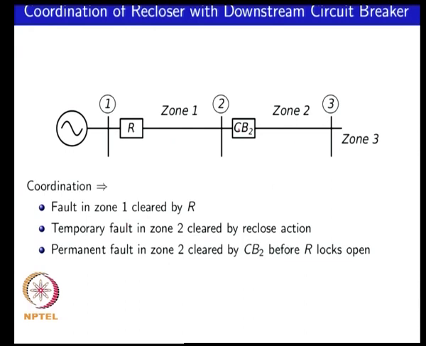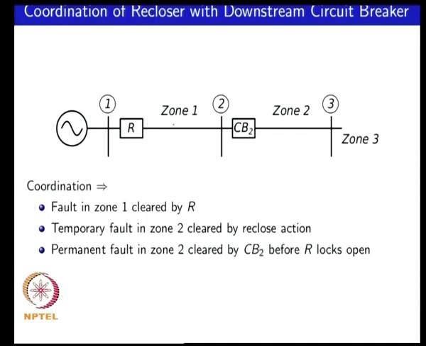Now, if you have a fault in zone 2, the question is, is that fault temporary or permanent? If you have a temporary fault in zone 2, then it can be cleared by the recloser by its recloser action. Okay. But if you have a permanent fault in zone 2, you want CB2 to open before your recloser locks open.